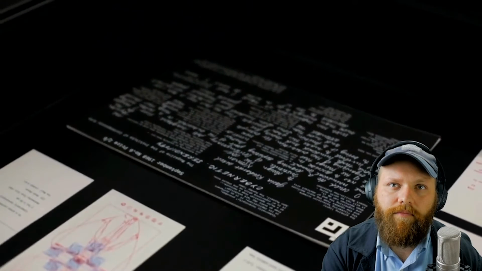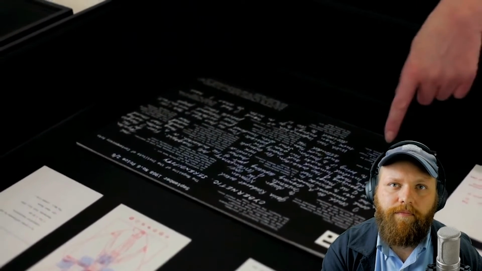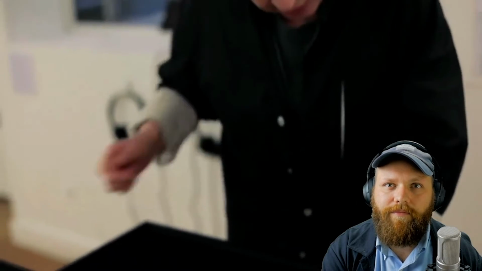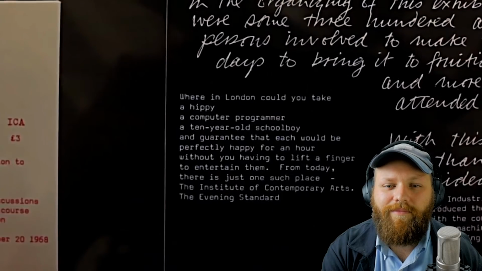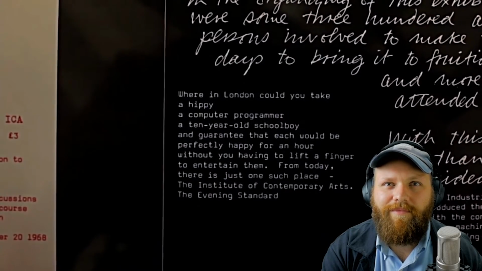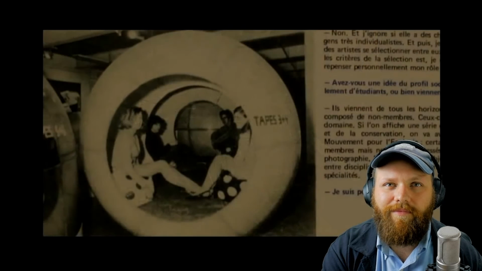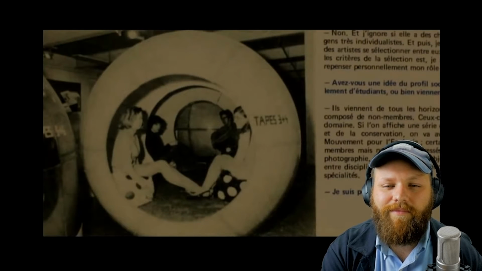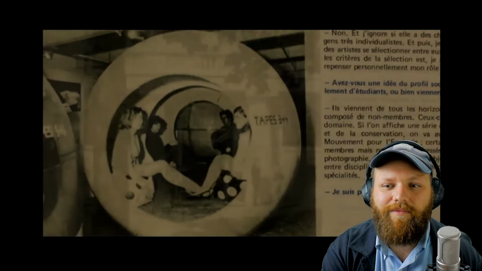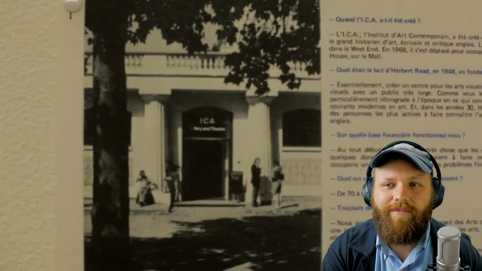As it says here, where in London could you take a hippie, a computer programmer, a 10-year-old schoolboy, and guarantee that each would be perfectly happy for an hour without you having to lift a finger to entertain them? From today, there is just one such place, the Institute of Contemporary Arts.